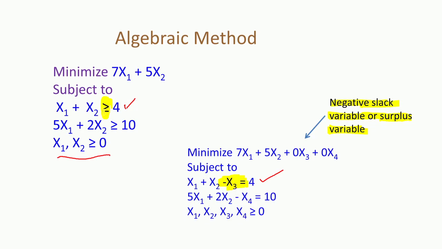So, when we have a greater than or equal to constraint like this, that would result in a negative slack or a surplus variable. In a similar manner, 5x1 plus 2x2 greater than or equal to 10 is written as 5x1 plus 2x2 minus x4 equal to 10. Now, the minus x4 comes because when 5x1 plus 2x2 exceeds 10, then x4 will take a positive value to make it equal to 10.